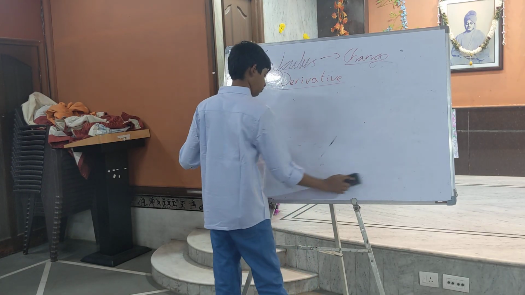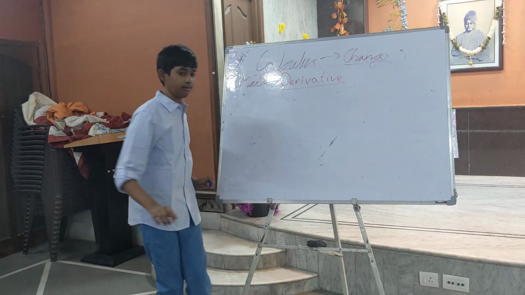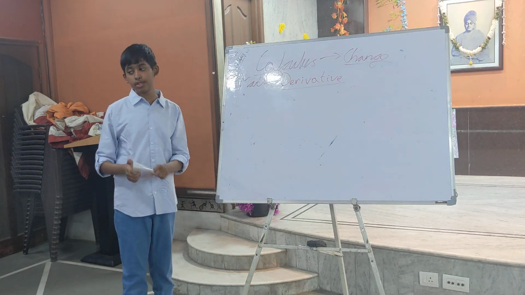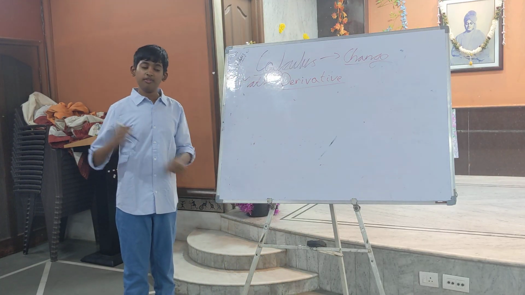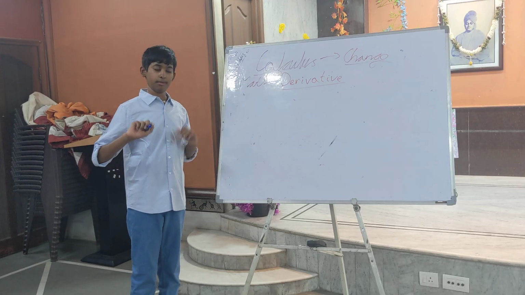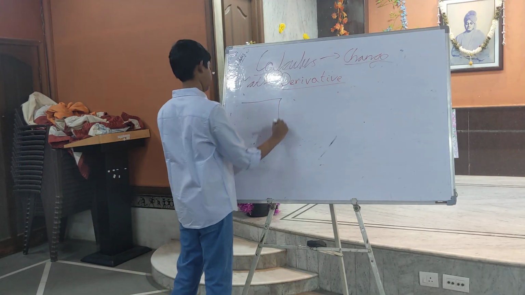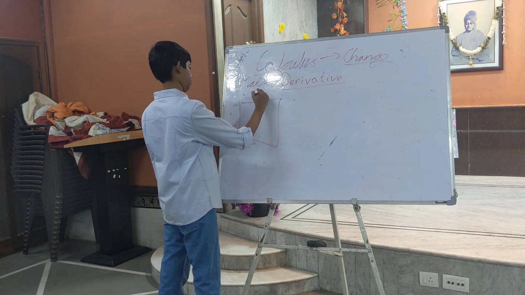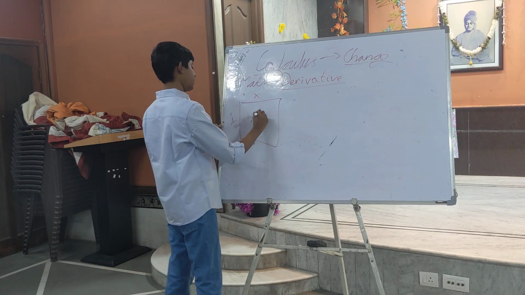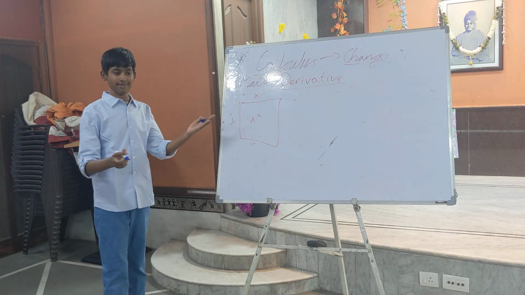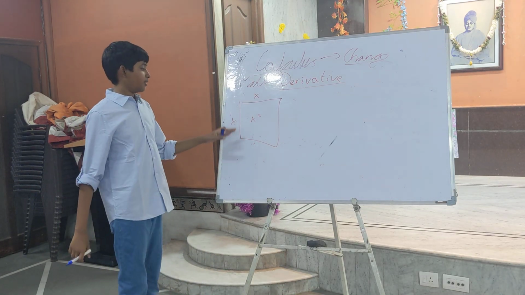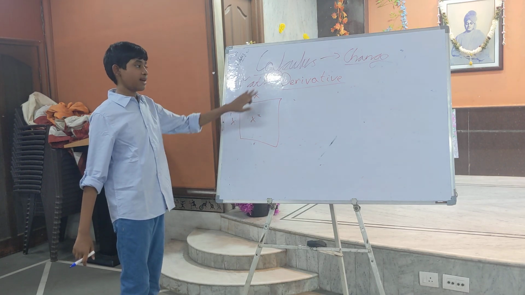So, now we take the function x squared. See, here is x squared. Now, this is the result of our function, x times x.